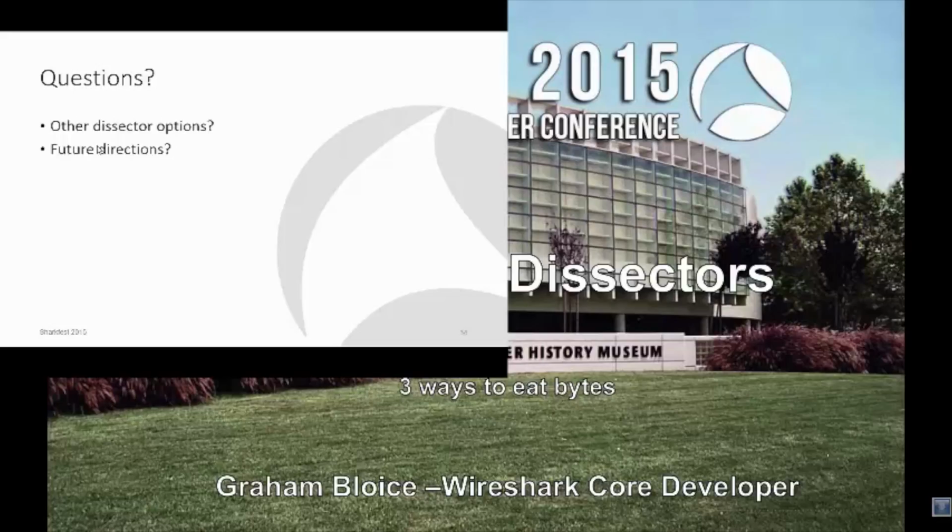Can you build an application-specific dissector? If you're using HTTP for an API call and you wanted to decode just the API calls to your specific application, something like SOAP? Well, there is SOAP support in there. I think we might be able to use the WSDL or something like that.